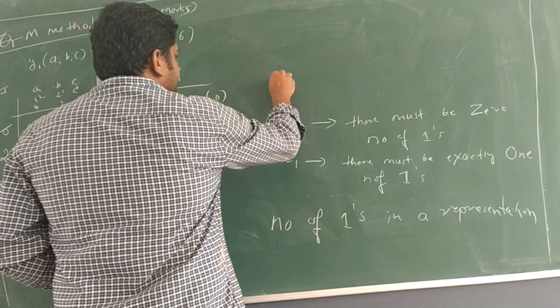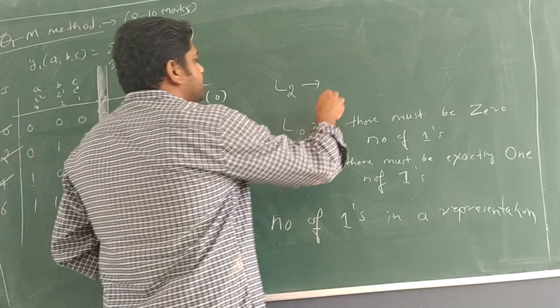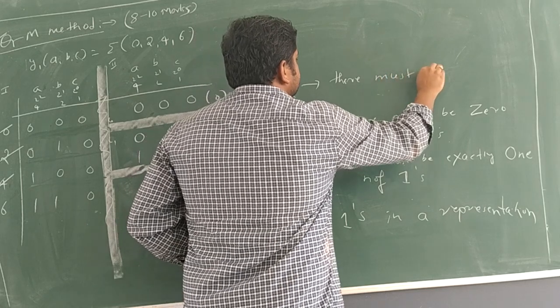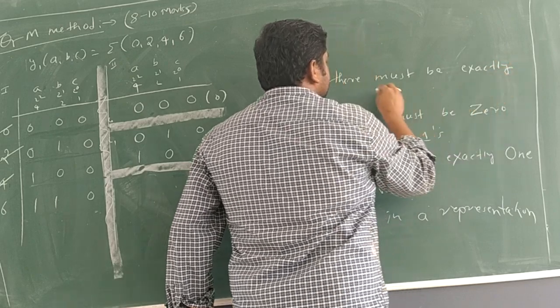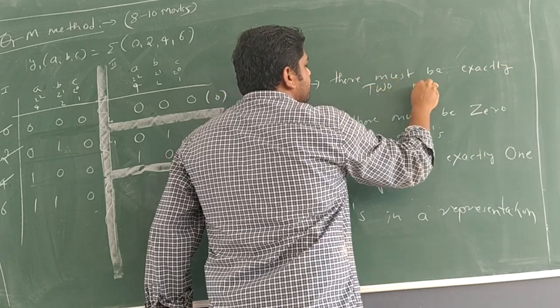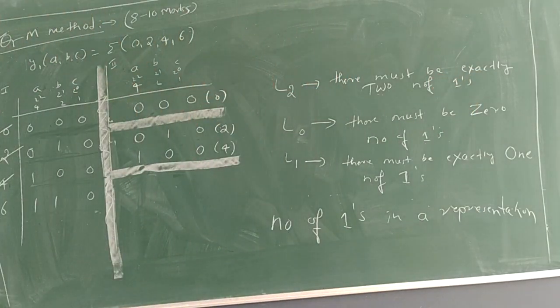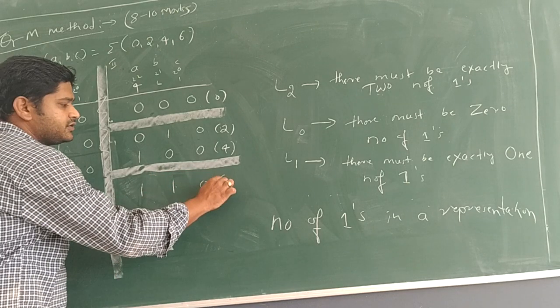Let us write the L2 definition. There must be exactly 2 number of ones. See, how many ones in this representation? 2. So it is 110. What is the number? 6.